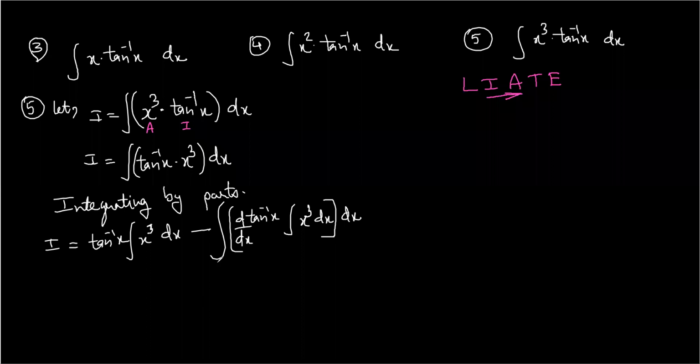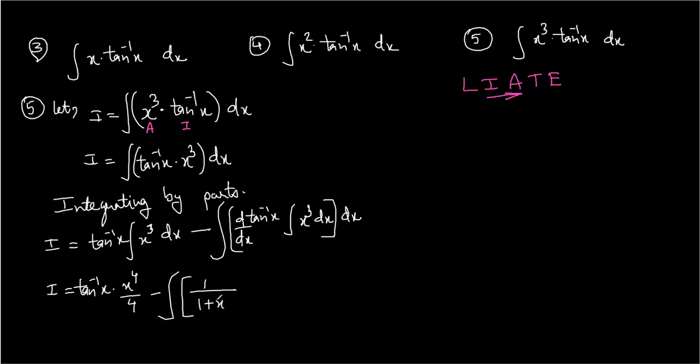So the next step here we will get is I equals to tan inverse x, integration of x cube is x raised to 4 upon 4, minus big integral d by dx of tan inverse x is 1 upon 1 plus x square, integration of x cube is x raised to 4 upon 4, dx.